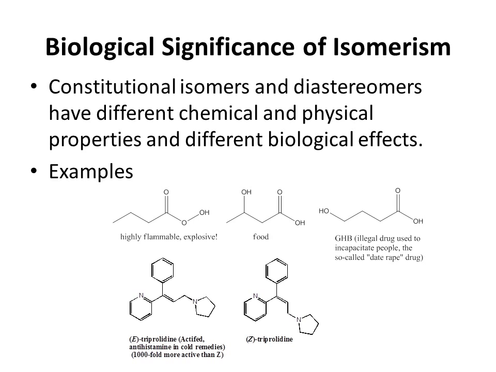The nitrogen in the 5-sided ring is closer to that benzene ring in E-triprolidine than it is in Z-triprolidine. There it's diagonally across from that benzene ring. So that makes them diastereomers, and these two diastereomers have wildly different biological effects, so that one is a drug and the other one is useless.